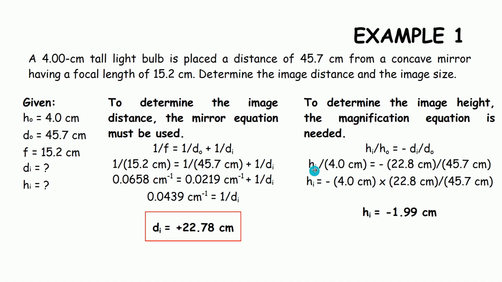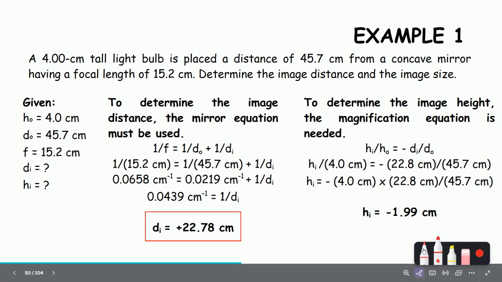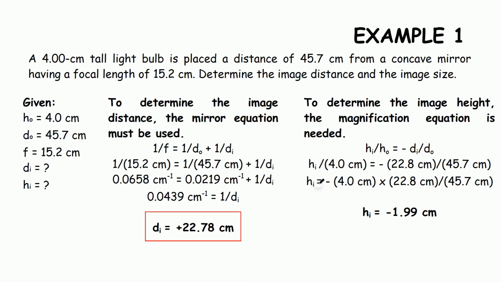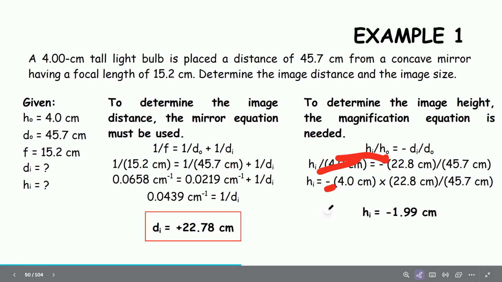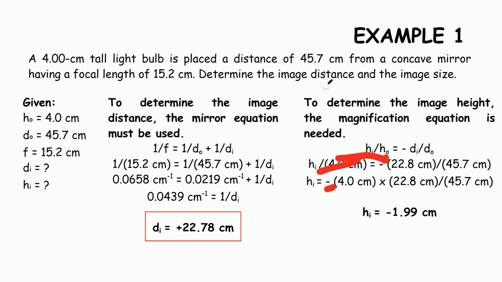So simply substitute, then multiply both sides by 4 centimeter, so the 4 centimeter goes to the other side. And don't forget the negative sign here, so our image height is negative 1.99 centimeter. Why not solve for the magnification? Because only the image distance and image size were asked.